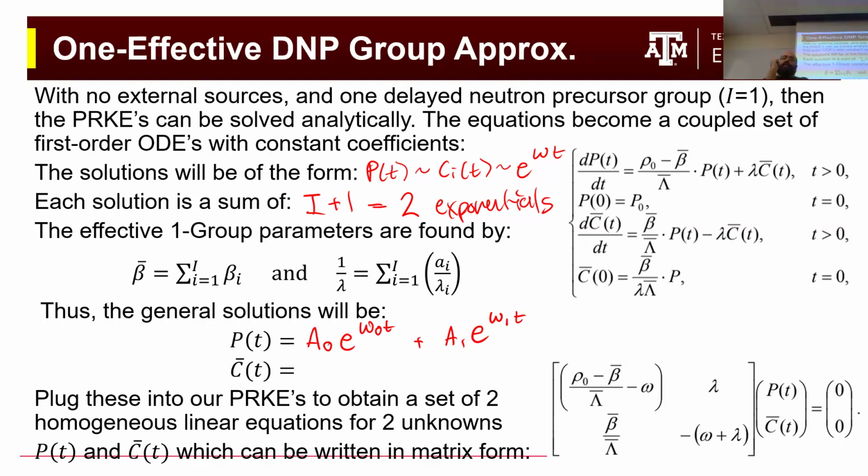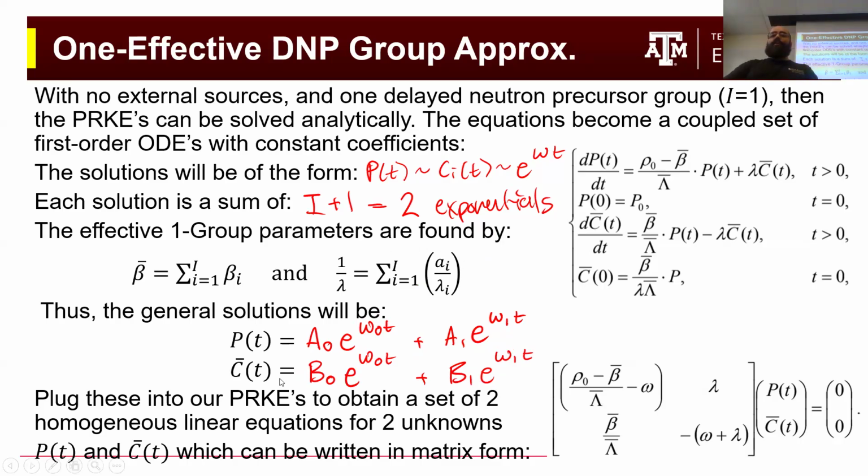Each exponential has a different time constant, and there are I plus one equations; I is one, so there are two exponentials and two time constants to solve for. And C of t is some b0 times e to the omega 0 t plus some b1 times e to the omega 1 t. Notice the exponentials in one solution are the same as the exponentials in the other solution.